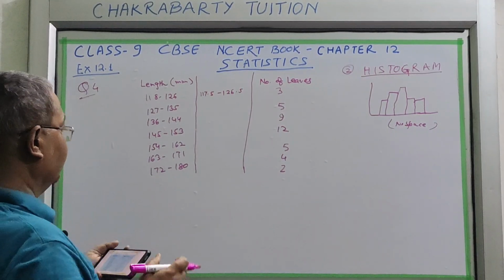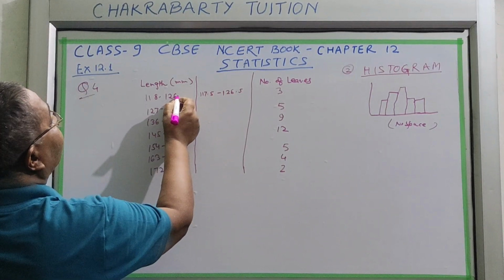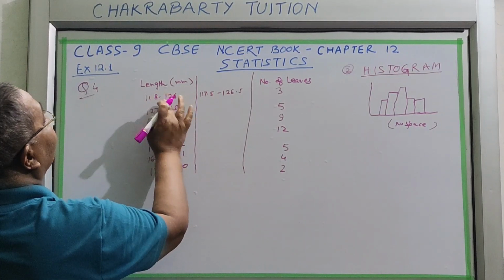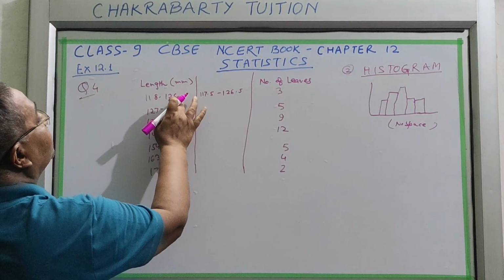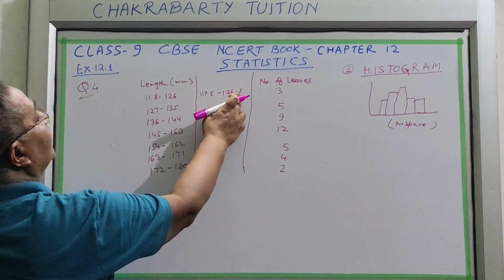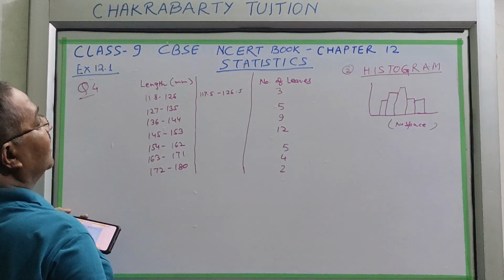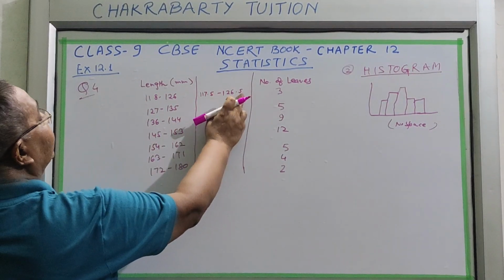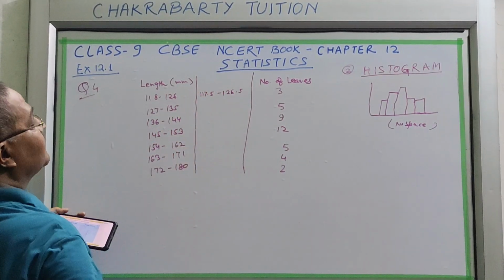So first you have to make it continuous. How to make it continuous? We will extend it: here we will put 0.5 and here also 0.5. Here we are reducing and here we are increasing.